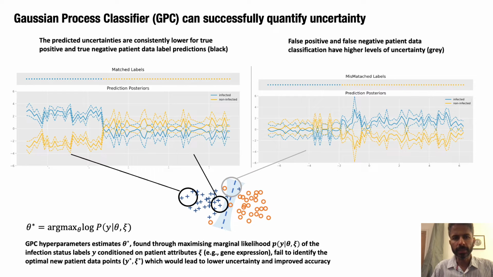Gaussian process classifiers can be used to quantify the uncertainty in the prediction of the infection status for the patients. On the top left panel here, I'm showing prediction labels which have been correctly identified, and the blue and the yellow curves are the probabilities for each of those data points.